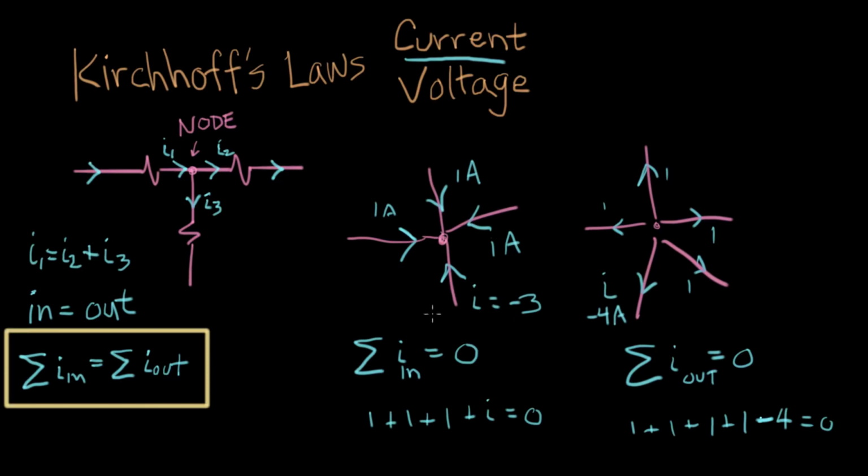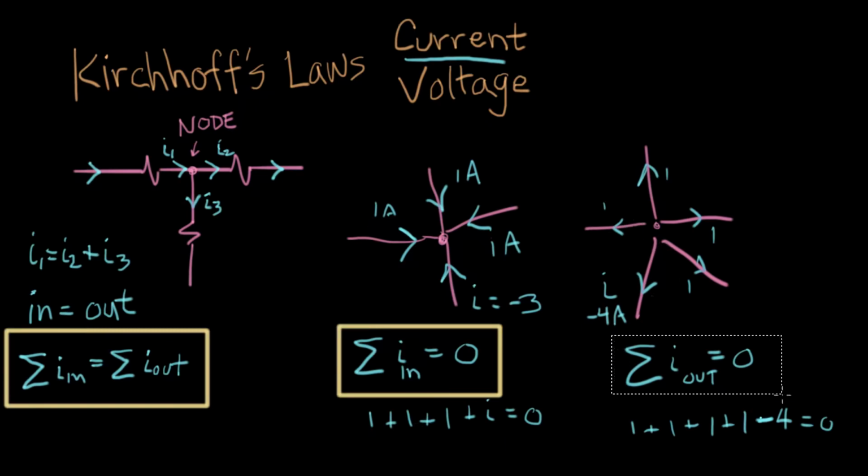Some of them may turn out to be negative, but then that's another way to write Kirchhoff's current law. And in the same way, if we define all the currents going out, and you actually have your choice of any of these three, anytime you want to use these, this is Kirchhoff's current law. And we'll use this all the time when we do circuit analysis.